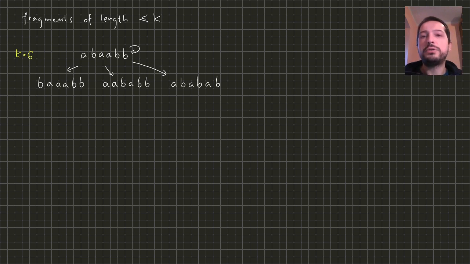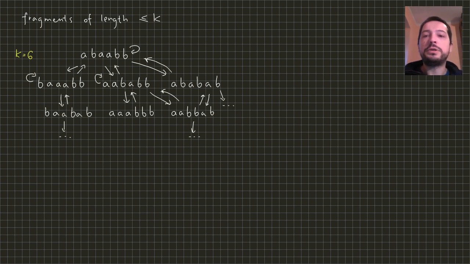Then we repeat the procedure for all new strings we obtained. But remember that sometimes a swap does not create a new string, but a string that we have seen before. We continue this procedure until no new strings can be added to our picture.